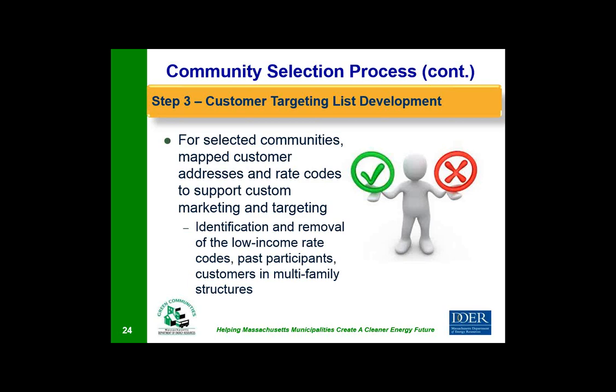We took the list of customers they had living in that community, removed the customers who were on a low-income rate code and therefore qualified for the existing low-income program, past participants since they'd already participated in the program, and also customers living in multi-unit or multi-family structures since those customers too would qualify for a different program. We provided that list to the PA so they could use it when they actually went out into the field and marketed the program.